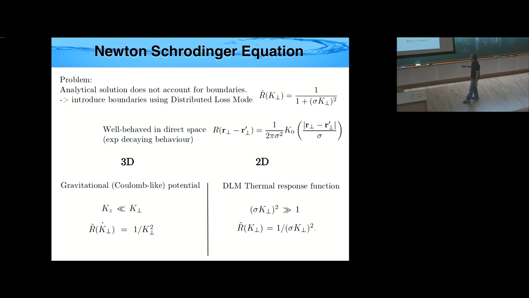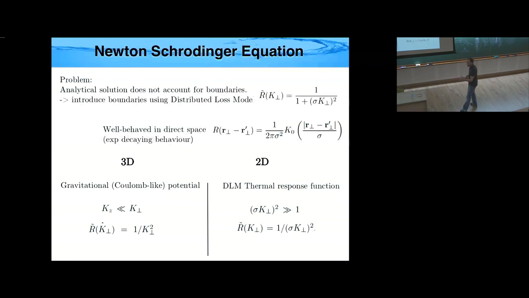But it's still not the 1 over r Coulomb-like potential that I'd really like to see. But what you can show is that in the limit where sigma k is much larger than 1, if this is much larger than this term, I can throw this away, and my response function becomes once more like the gravitational response function.